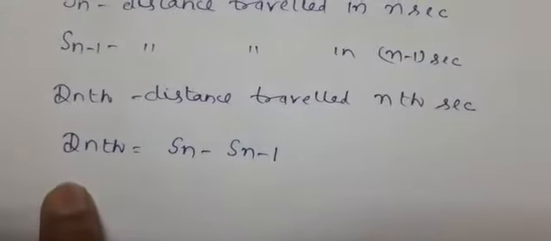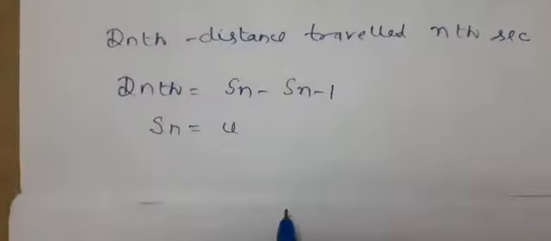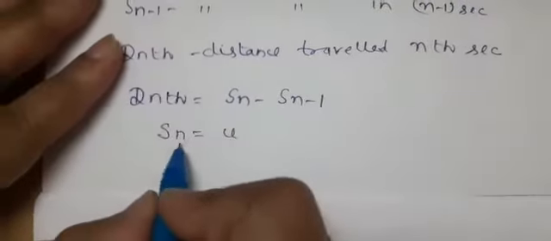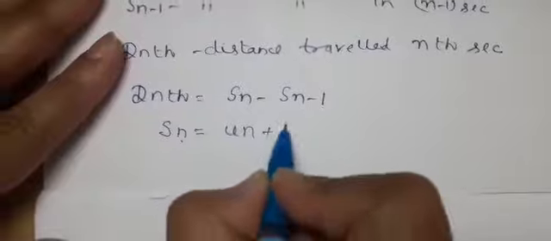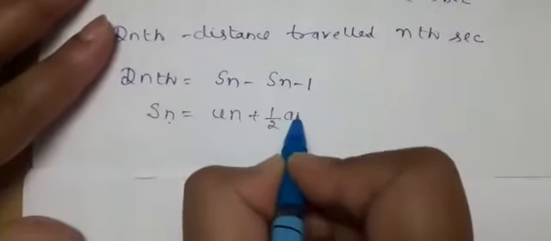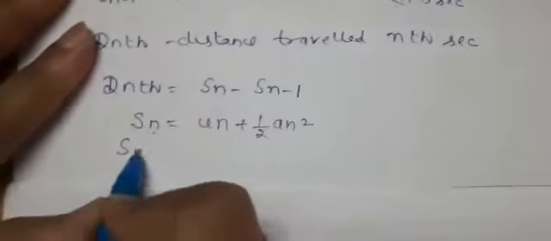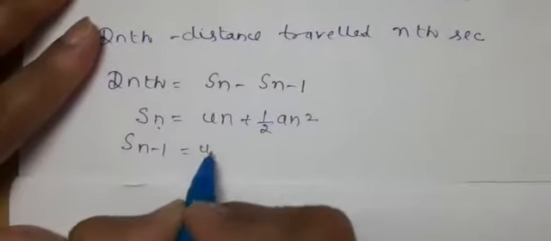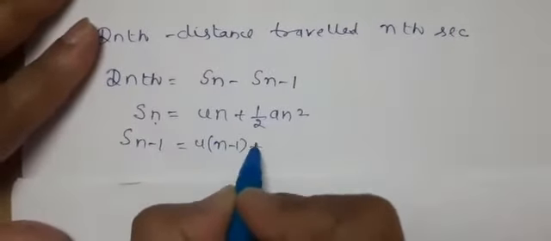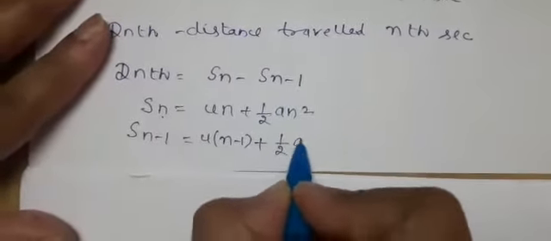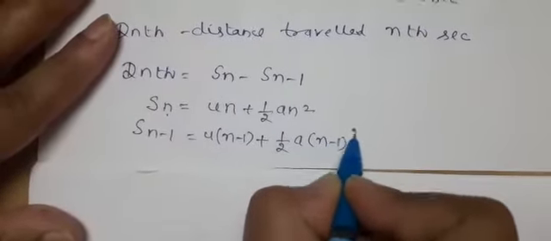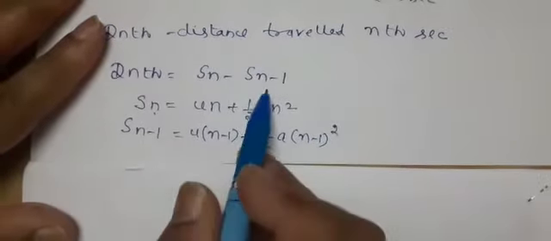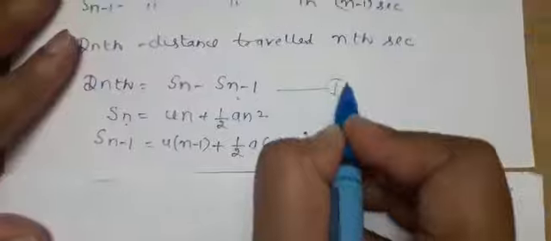Substitute the value of t in that equation and you will directly get the value of dnth, the distance travelled in the nth second. So the distance travelled in n seconds is un plus half an square, and the distance travelled in n minus 1 seconds is u(n minus 1) plus half a(n minus 1) square. Now put these values in the equation, you can name it as 1.